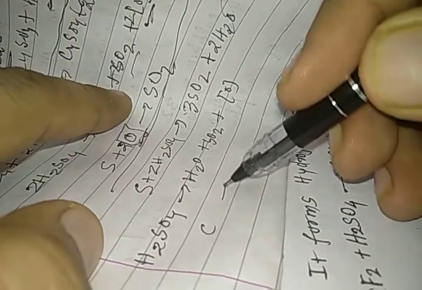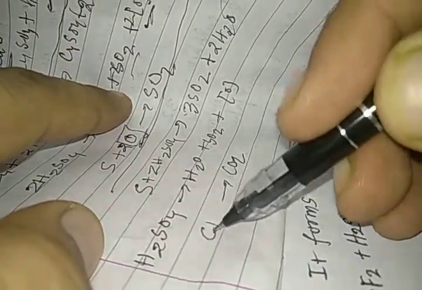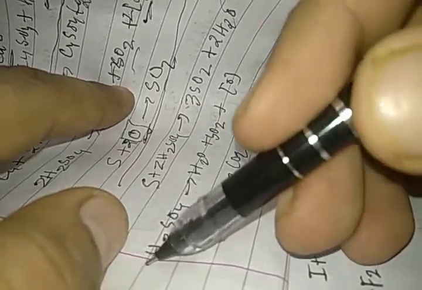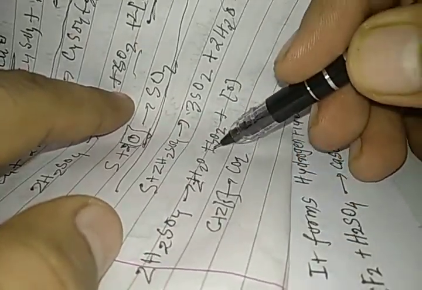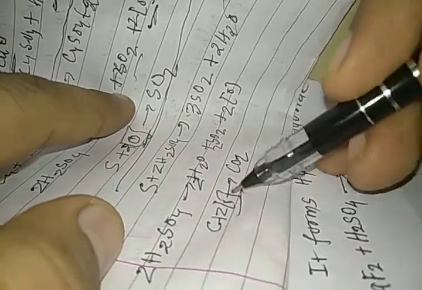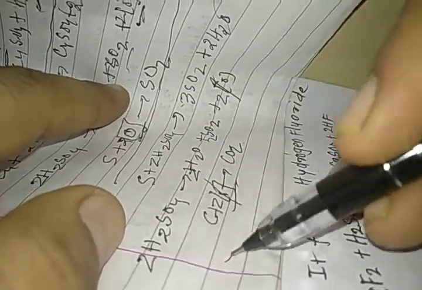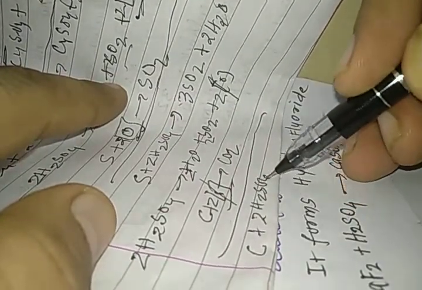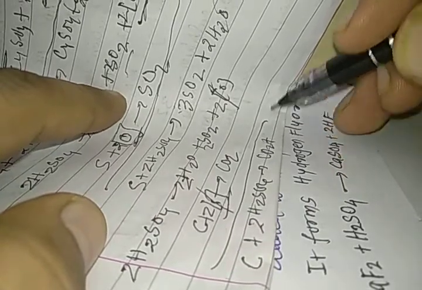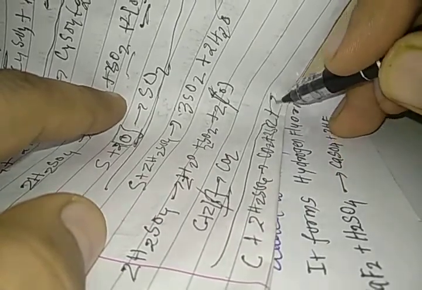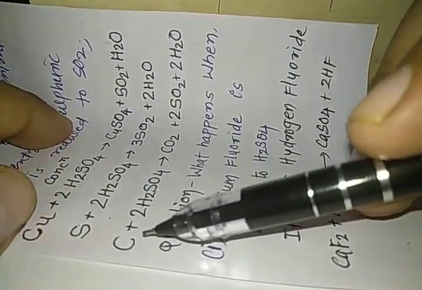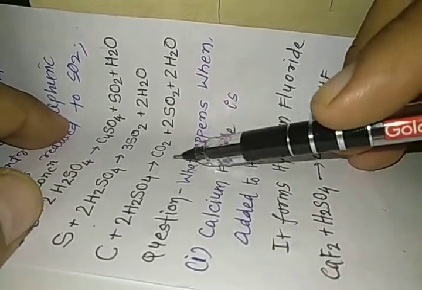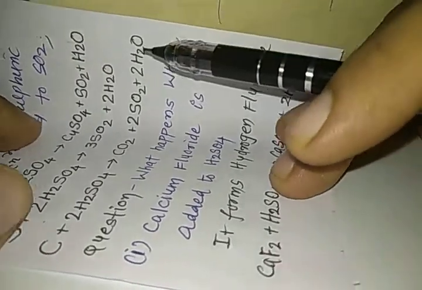To convert carbon into CO2, you need two nascent oxygen, so you need to multiply this equation by 2. The two nascent oxygen get removed, and when you add both, you can write C plus 2H2SO4 gives CO2 plus 2SO2 plus 2H2O. The same you can see here: C, when it reacts with 2H2SO4, gives CO2, 2SO2 and 2H2O. So this is how we can understand this oxidation process.